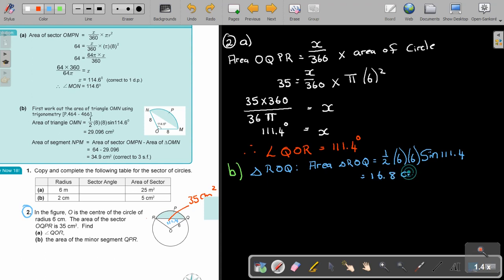And if I calculate it, I'm going to get 16.8 centimeter square. Now I just want to quickly press it on the calculator because this is a middle step. So a half times 6 times 6 times sin 111.4 equals.